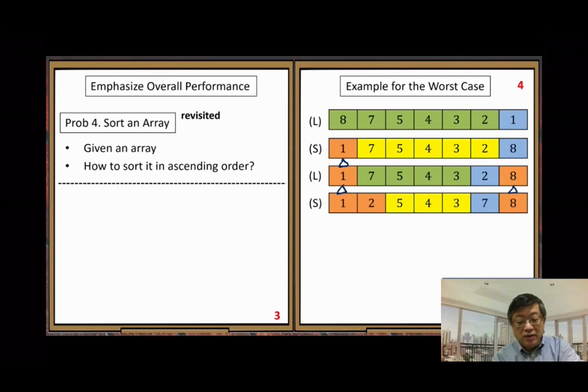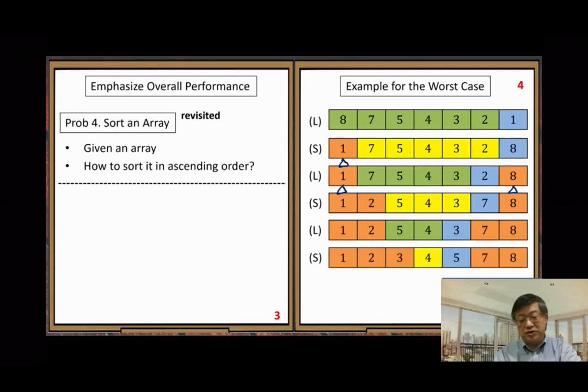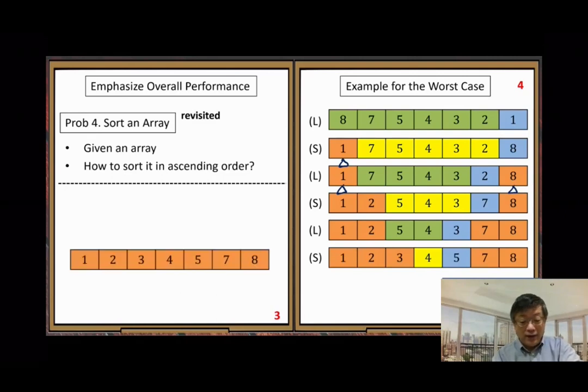Right? You can see the pattern. Then L case, S case, then L case. All right? So the last one, S case. Then you put all the elements in place.